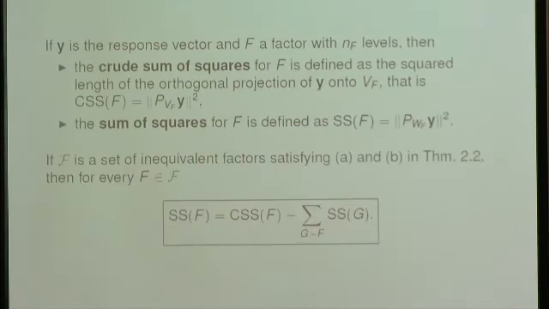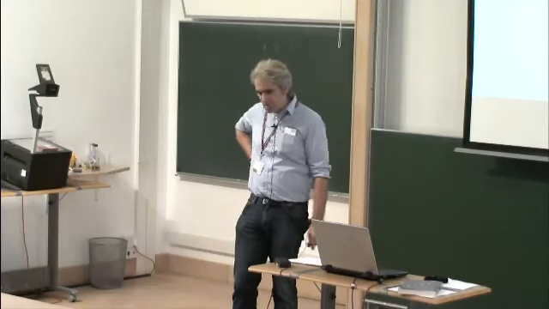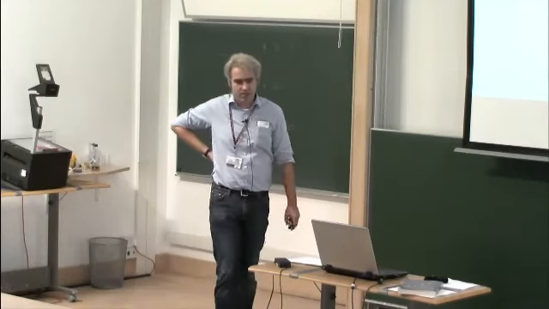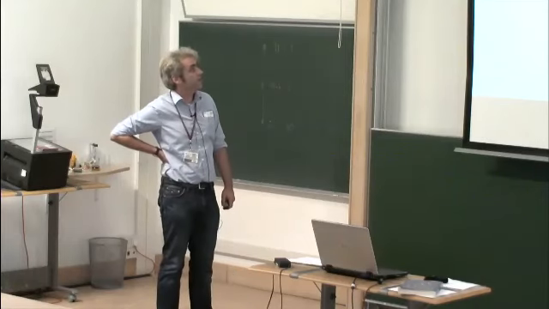So if we want to talk about ANOVA, we want to talk about sums of squares, then we can first talk about so-called crude sums of squares. So what do we do there? We take the observation vector, project it orthogonally onto the VF space, and take the squared length. So that's the crude sum of squares for the factor.